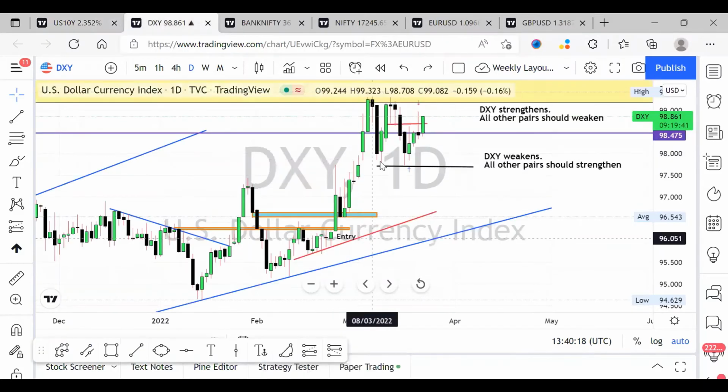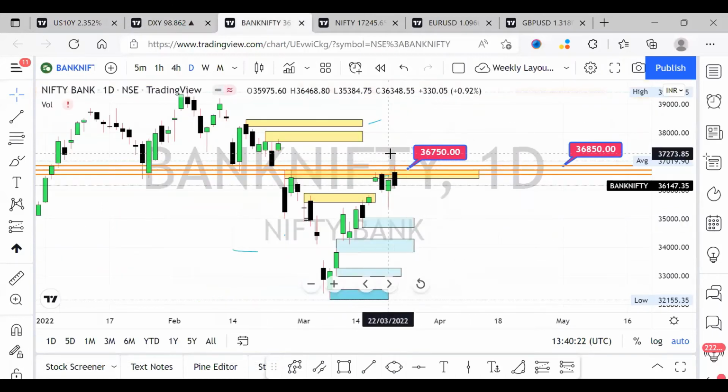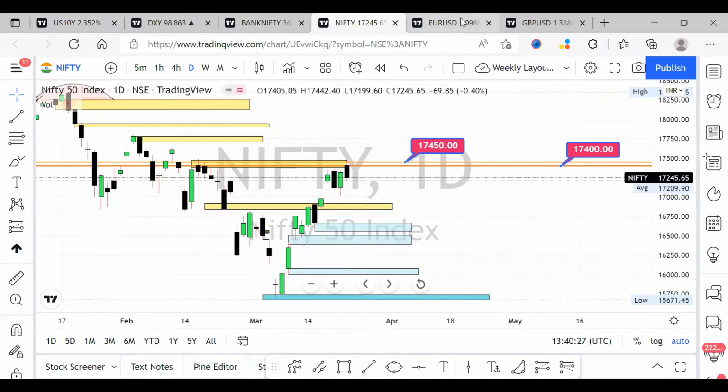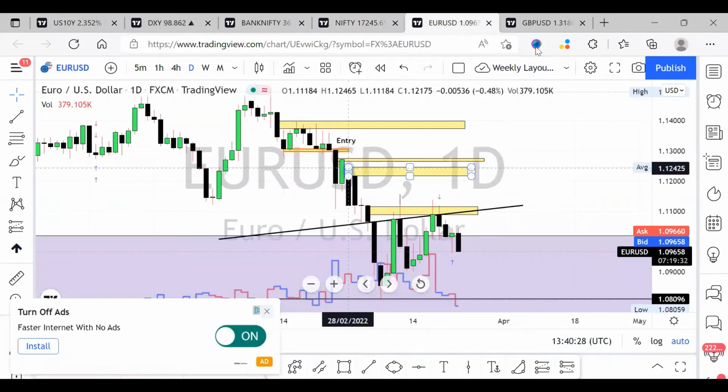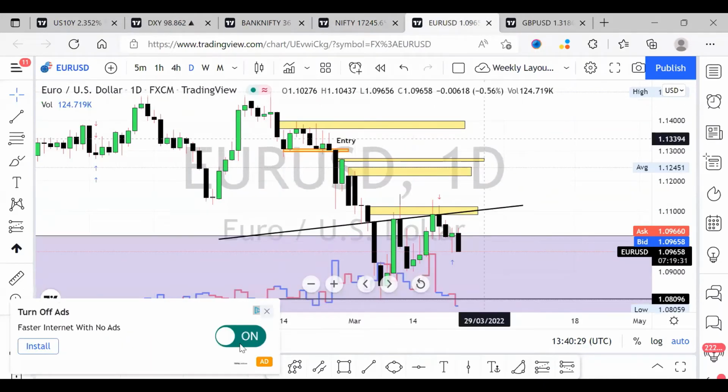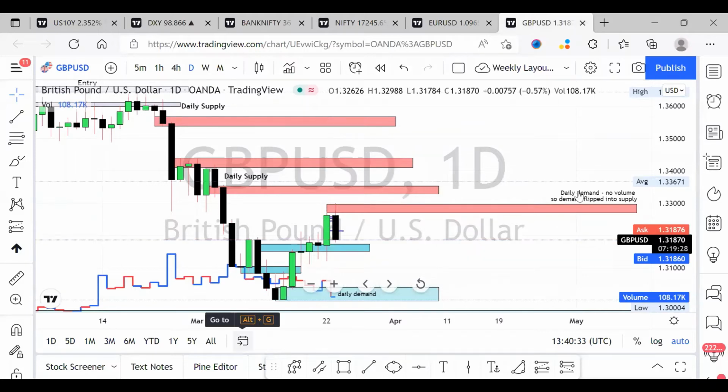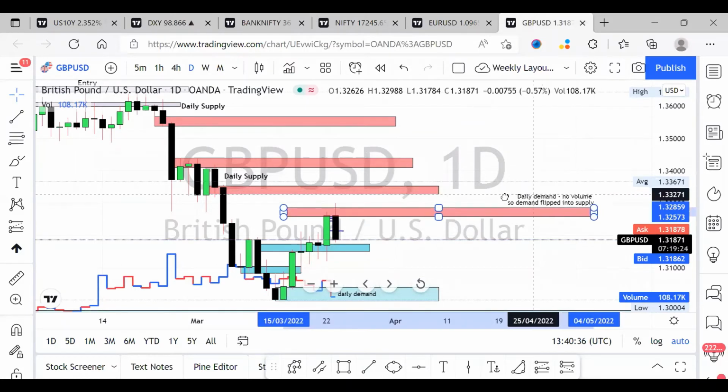Dollar index, bullish territory, all the other ones are going to fall, bearish, bearish, bearish. This is the only way you're going to understand this.